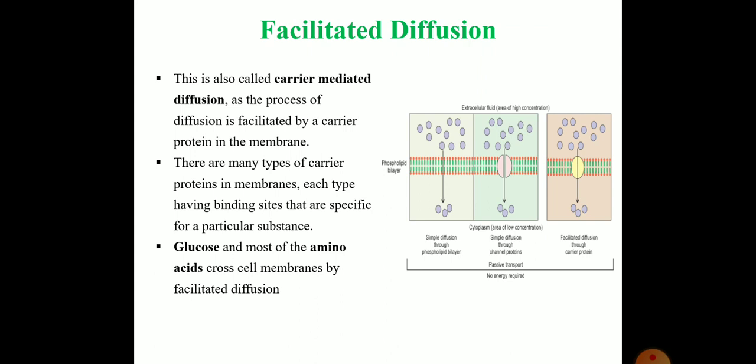That substance only can bind at a particular binding site of a carrier protein. No other substance can bind at that particular site of the carrier protein. So glucose and most of the amino acids cross the cell membrane by the process of facilitated diffusion.